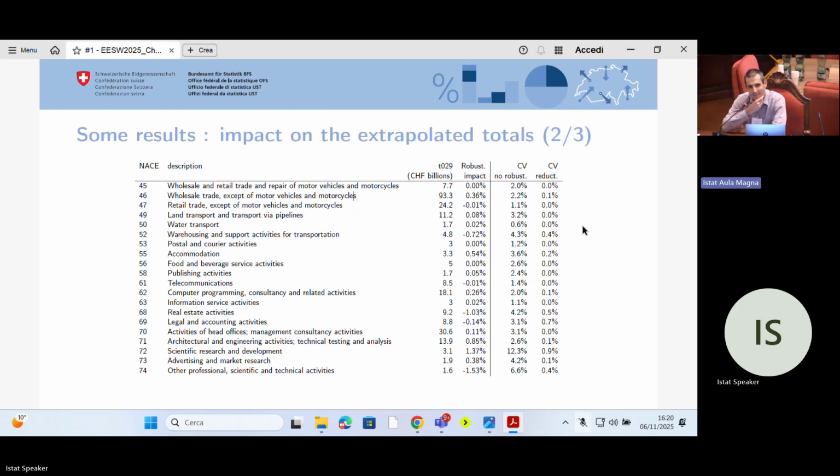And NACE 46 is a pain to deal with. I don't know if it's specific to Switzerland or if it applies to every country. That's a NACE where, for example, the VAT sales, these fiscal data, are extremely poor at forecasting the actual response, even the sales from the survey, your total sales.